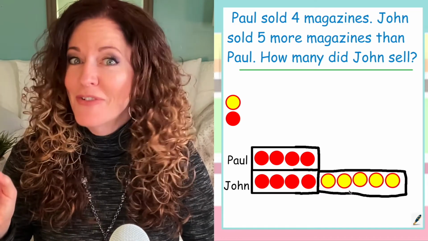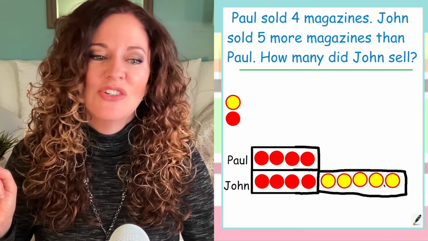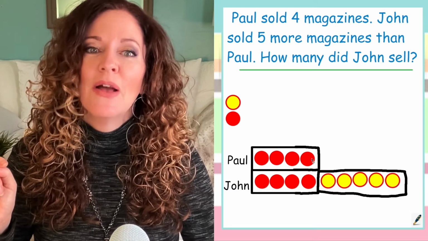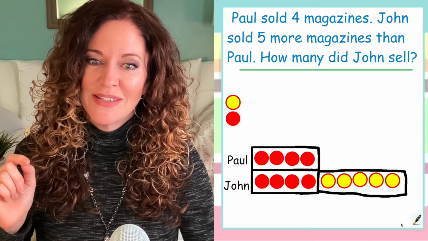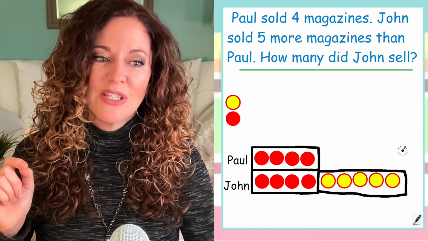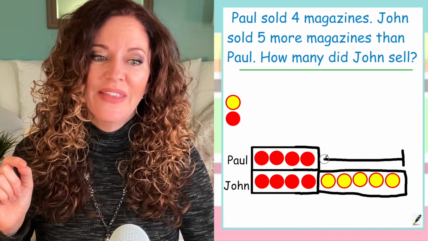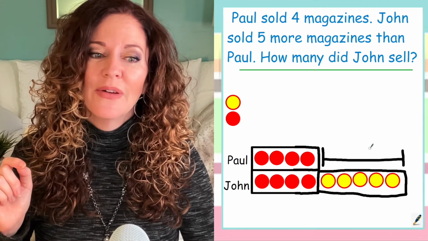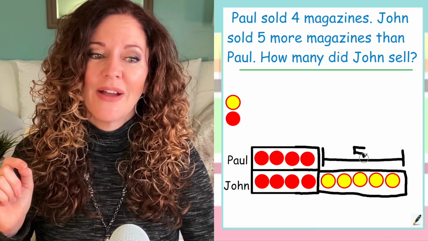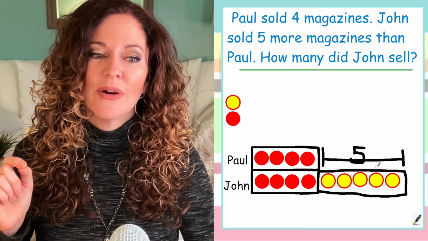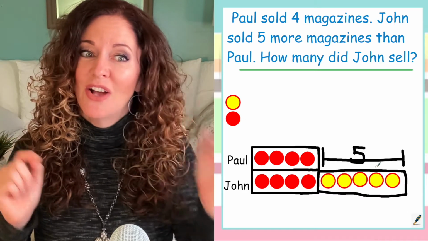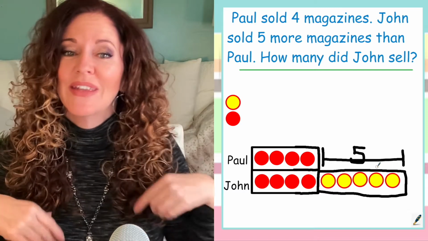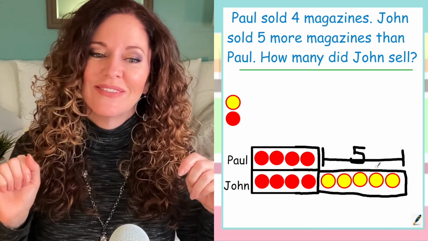What is the difference between how many John sold and how many Paul sold? What's the difference? And I can even draw my little difference bar to remind me that this is that extra space. He sold, and I'm just going to write it here, he sold 5 more. So the difference between how many John sold and how many Paul sold is 5.